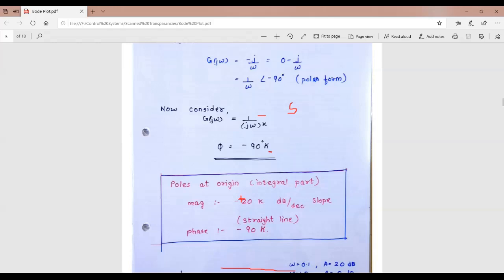Now we are going to see first order factors like s plus 1. Suppose you have an s plus 1 factor.